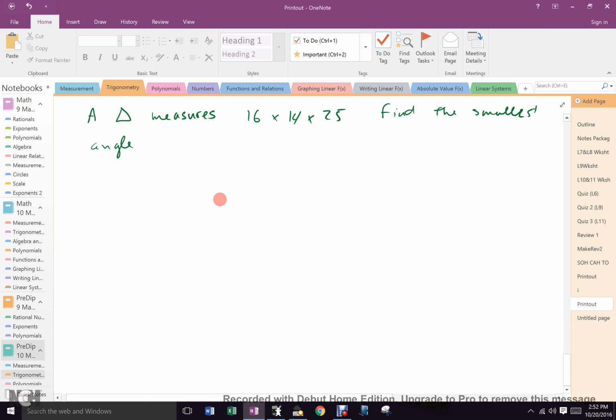Well, so 16 by 14 by 25. So I got to have two that are almost the same length. 14, 16, which makes this 25. Notice I just sketched it, right? I want the smallest angle, which is where? Across from the smallest side. So this is angle A.